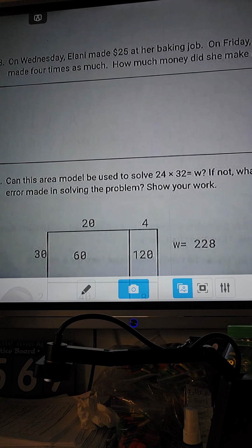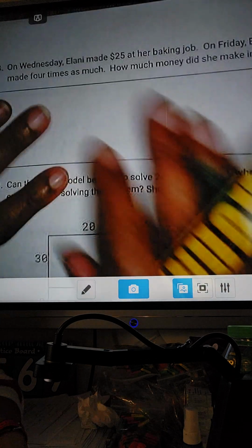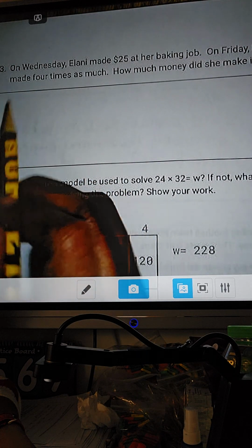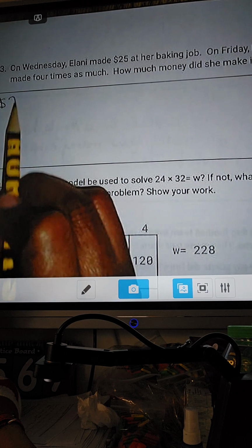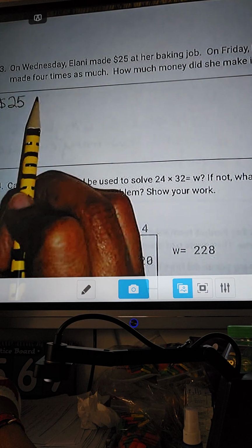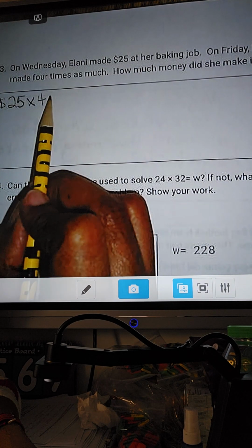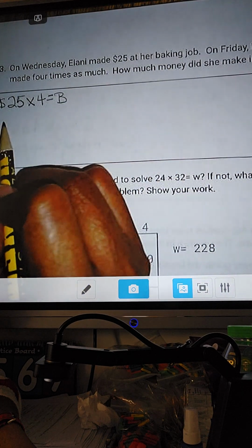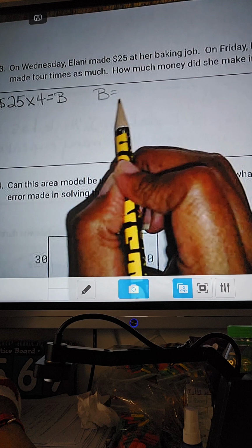How much money did she make in all? Okay, what are we doing here? Ava. $25 times 4 equals B. B equals something.